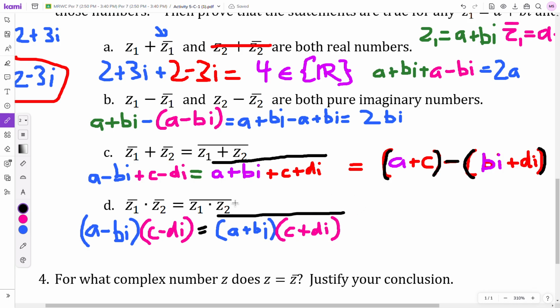So let's simplify this right side here a little bit more. If you just FOIL these, you're going to end up with AC plus ADI plus BCI minus BD.